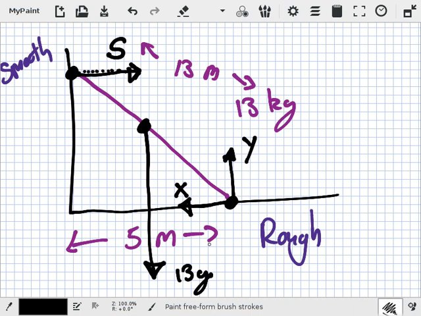Are we okay with the picture? Maybe this picture is a little bit easier than the last picture? So first, just draw this for me and then we'll continue.